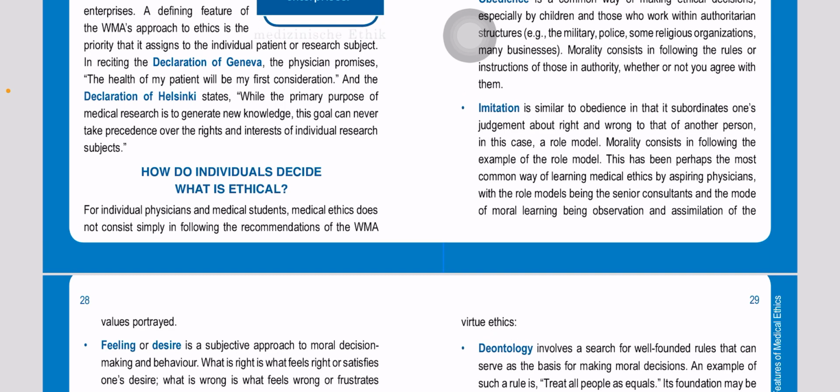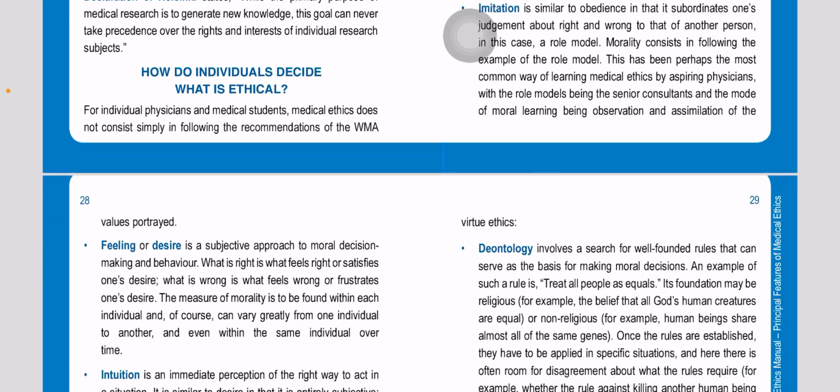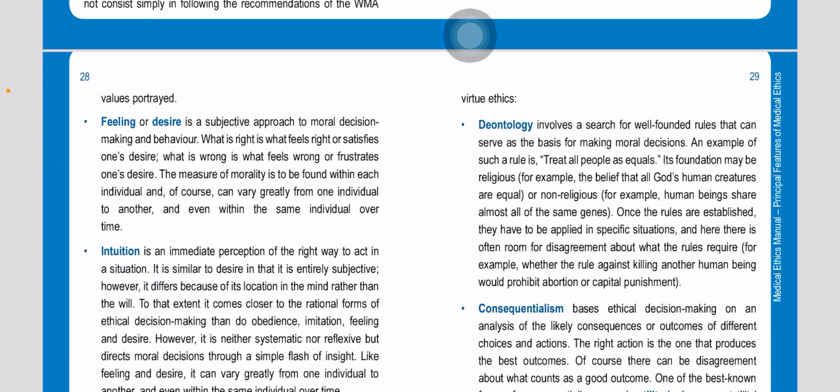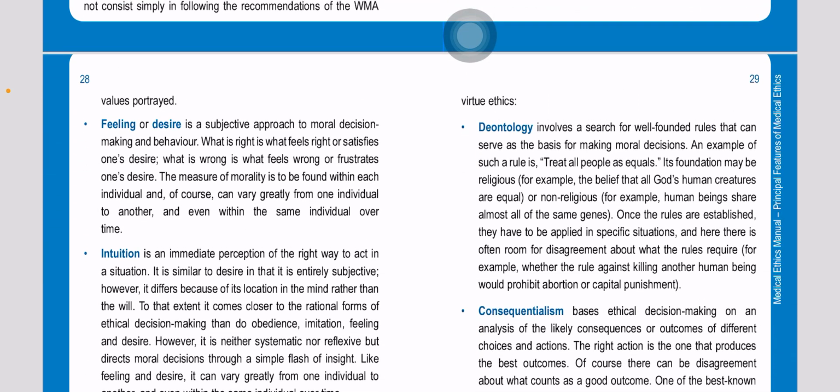For example, in the Philippines, we follow the health protocols of other countries who are successful in their fight with regards to COVID-19. Next, a feeling or desire is a subjective approach to moral decision making and behavior.